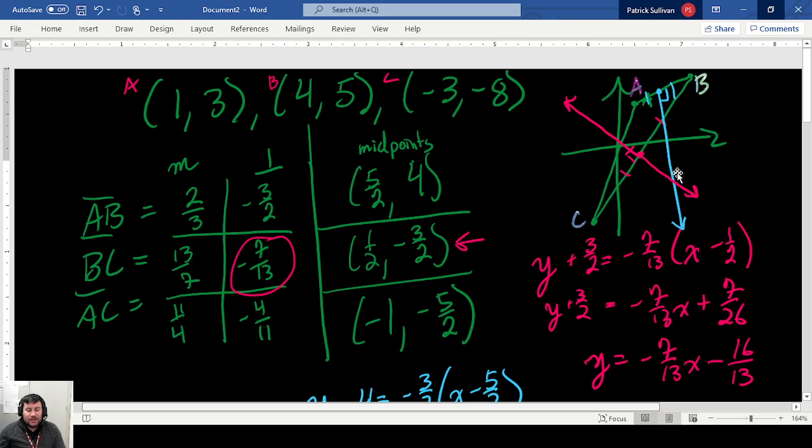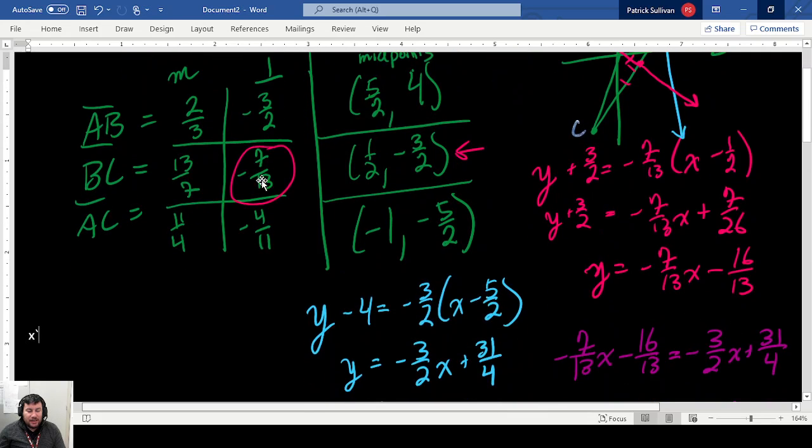Okay, so then here's where I started color coding. I arbitrarily chose the perpendicular bisector of AB and CB. And to calculate the equation of this line in pink, I needed my point slope form, so y minus y1 equals m quantity x minus x1. So all I'm doing here is plugging in my values in pink.